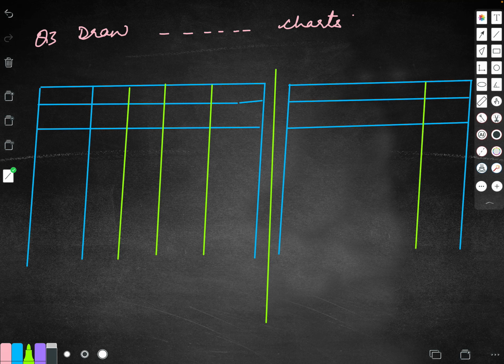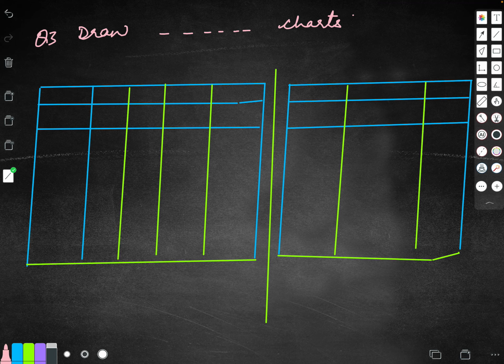This is going to be broken into 3, right? Got it? Now let me write the numbers. This is, children, Indian, and this is international. One is Indian, one is international, right?